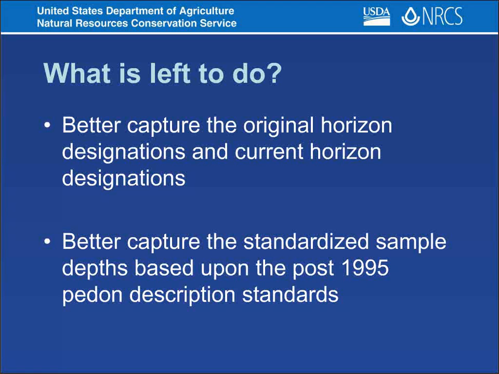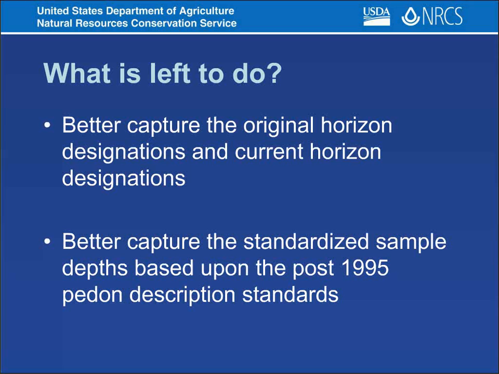So what's left to do on that original diagram? There's something called an original horizon designation and a current horizon designation. That refers to when you dig the pit. If you have 5 soil scientists, you might have anywhere from 1 to 5 opinions on what horizon designation should be put on that horizon.